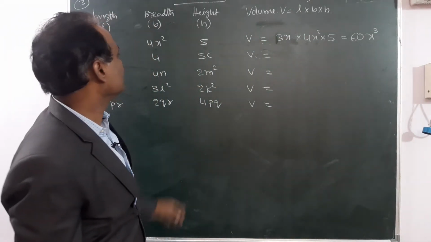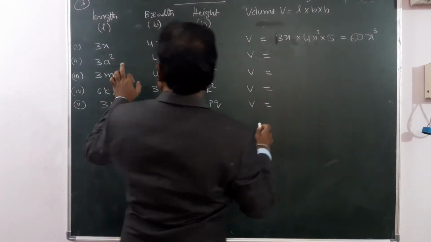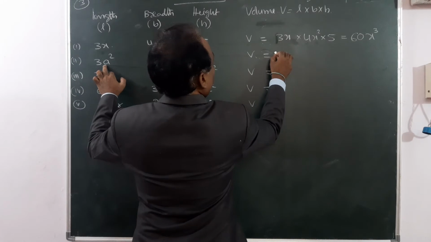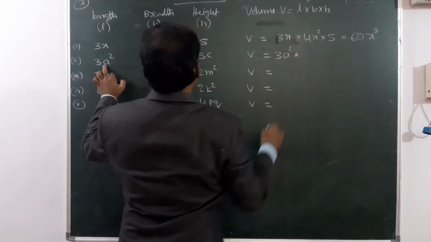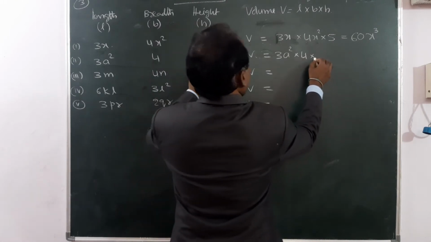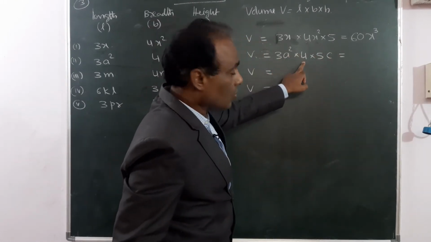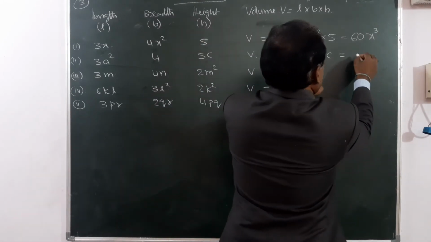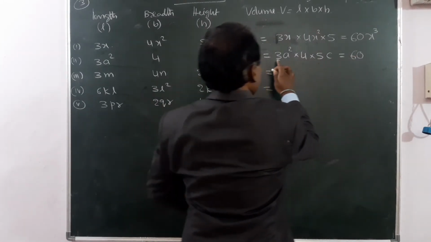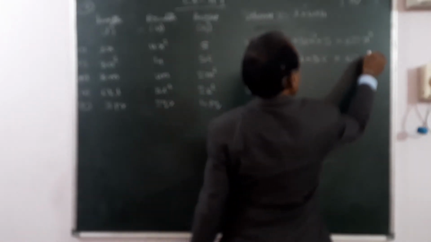Same model. Here also, length into breadth into height. Length is 3a square, into breadth 4 into 5c. 3 into 4, 12, 12 into 5, 60, a square c.